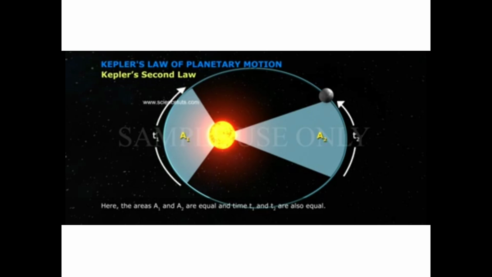Kepler's second law can also be stated as: the areal velocity of a planet revolving around the Sun in an elliptical orbit remains constant. As the angular momentum is constant, all planetary motions are planar motions, which is a direct consequence of a central force.